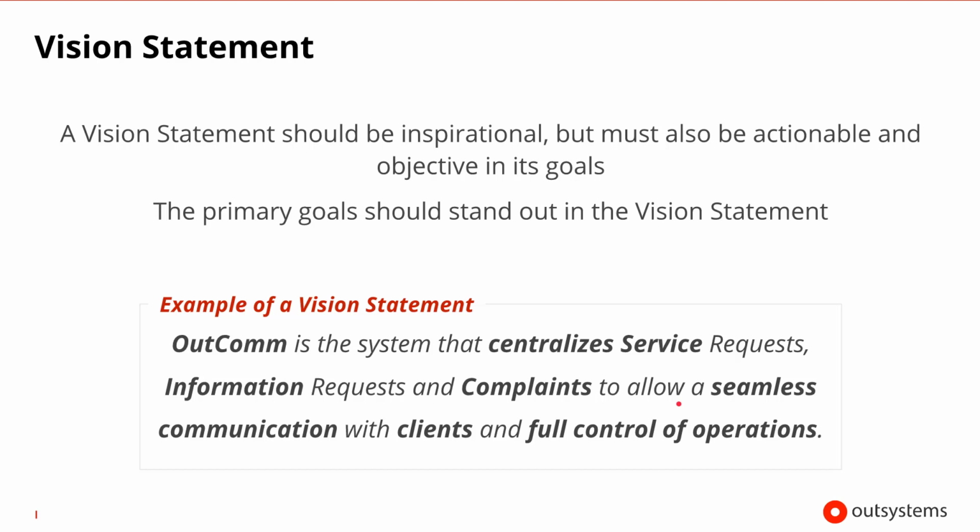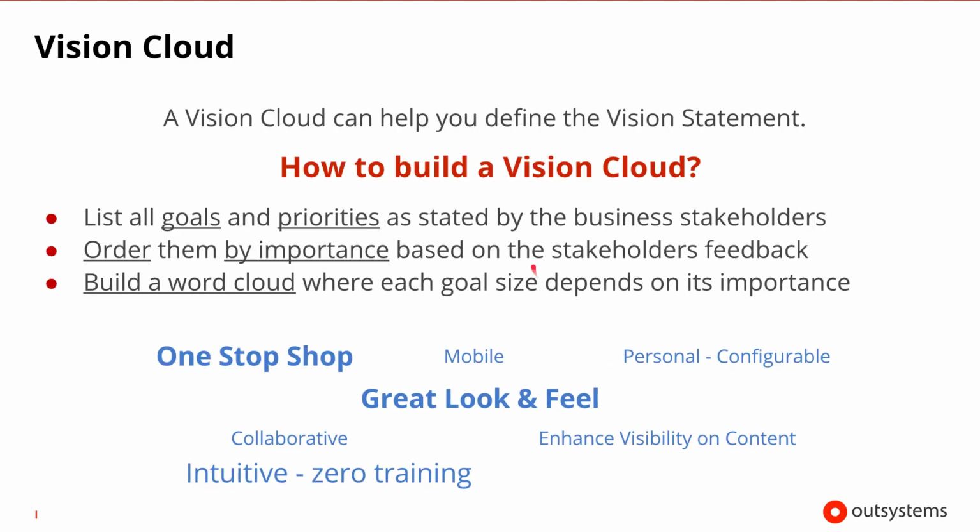Sometimes, not only a vision statement, but it can also be helpful to create what we call a vision cloud along with that statement. A vision cloud is a tool that can be helpful to create the vision statement itself. It's not mandatory, but it's a good tool to align the goals and assure the correct understanding of the business's priorities.